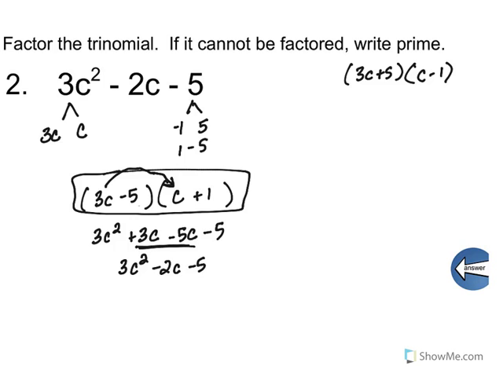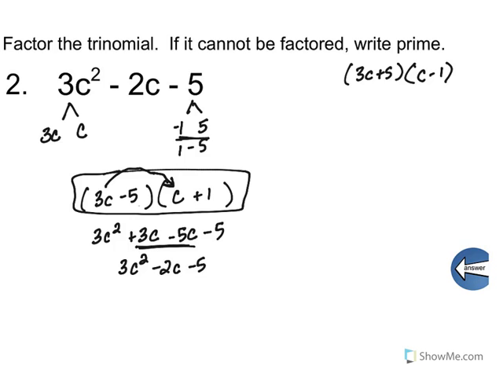Now on this one, I didn't have to guess as much, again, because I'm using a little bit more strategy as I'm trying to determine what to put there. It is important to remember that before you label a polynomial prime, you must go through all of your combinations, all of your options.